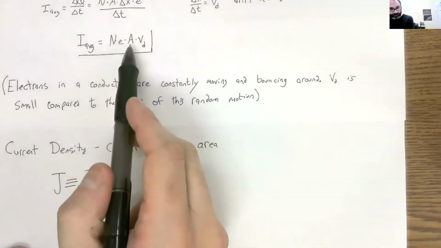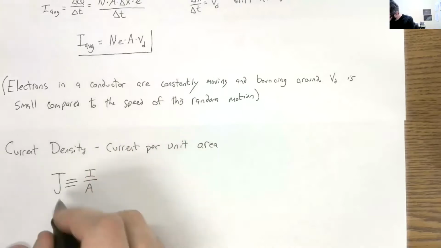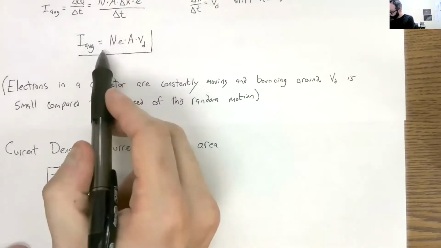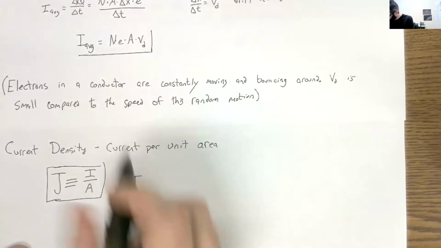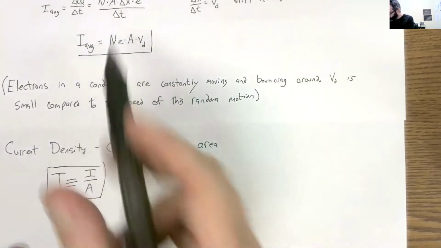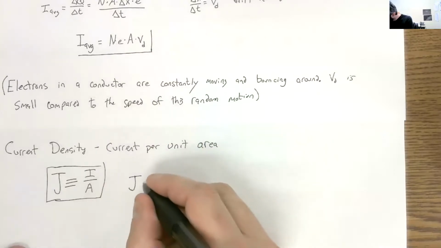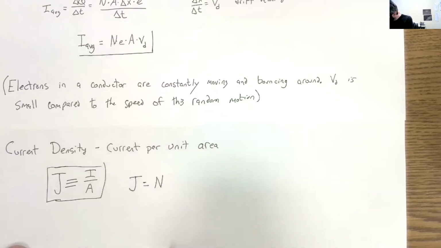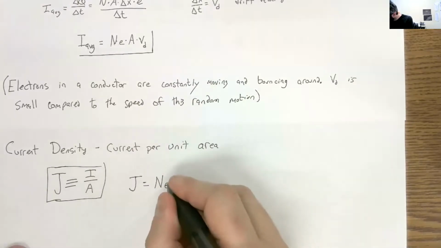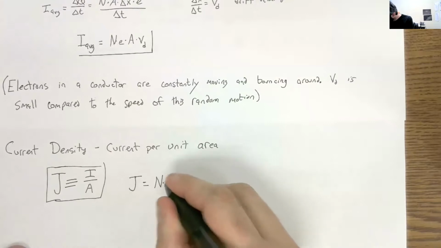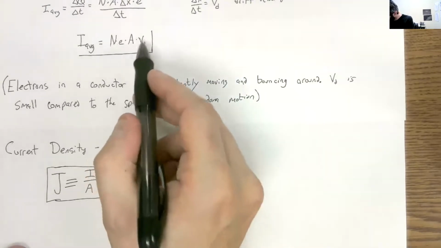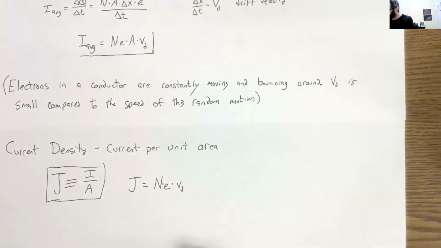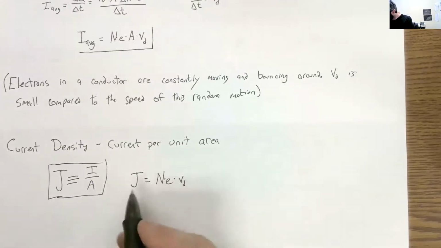If we plug in our equation for a cylindrical wire like we've been talking about, we just divide out the area, right? It's just the number of electrons per unit volume times the charge of each electron, times the drift velocity, to get the current density.